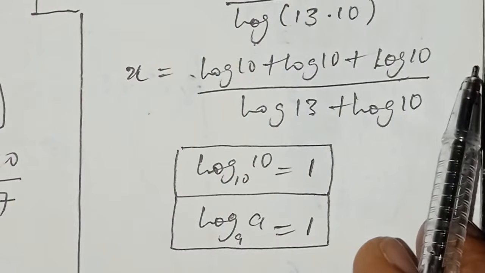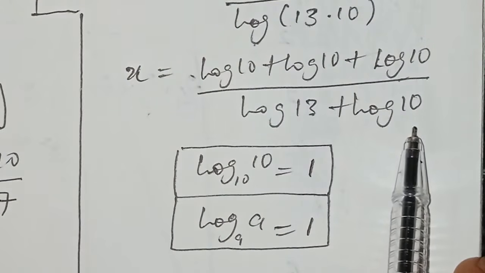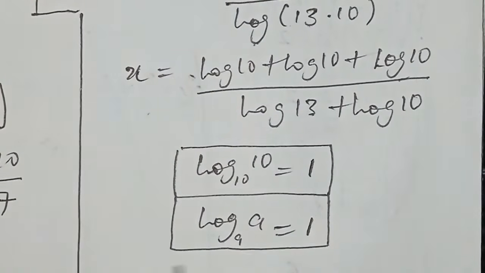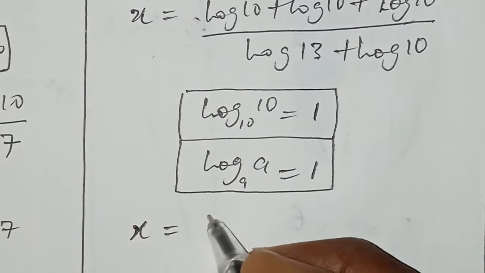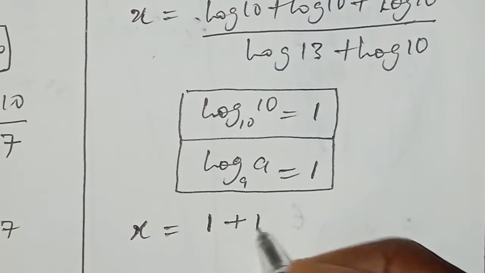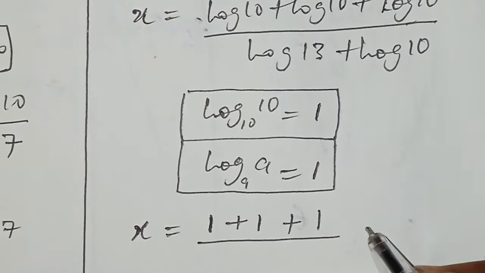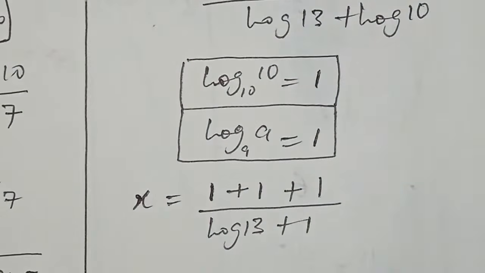So this implies that wherever we have log 10 in the numerator and the denominator, it will be equal to 1. So x will now become equal to 1 plus 1 plus 1 from the numerator. Then the denominator becomes log 13 plus 1.